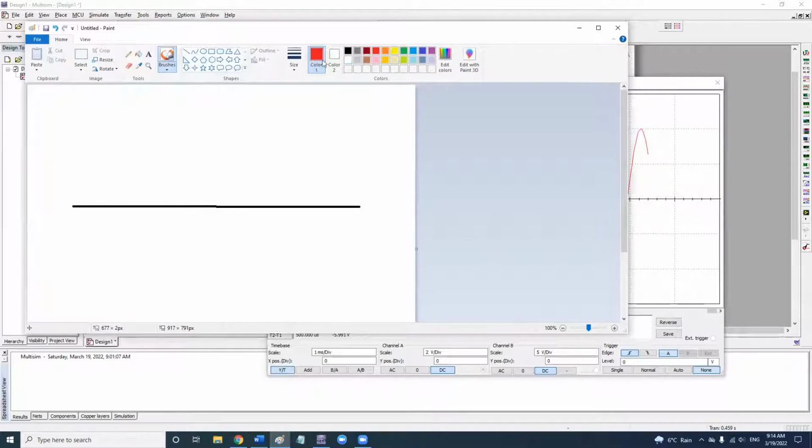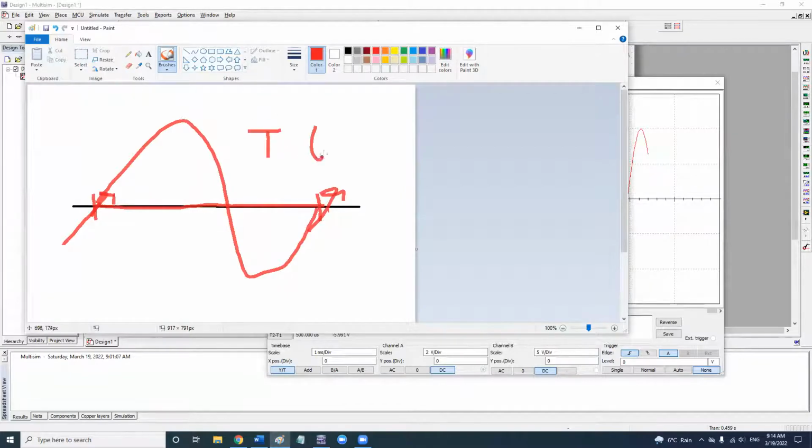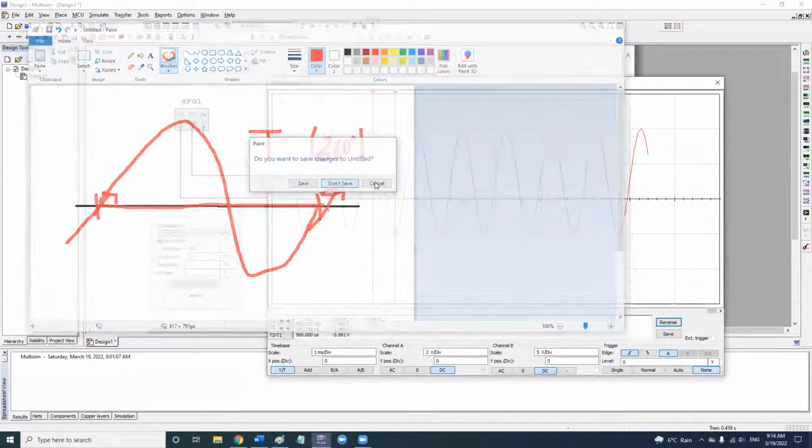So the sine wave, the period is from here to where it's counted. When it's crossing the 0 point going up, from here to here, this is what we call a full period or 360 degree phase. So the time between here to here is where we find that period.